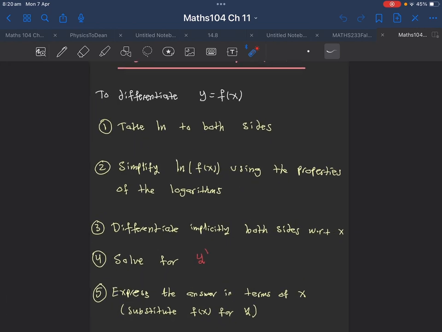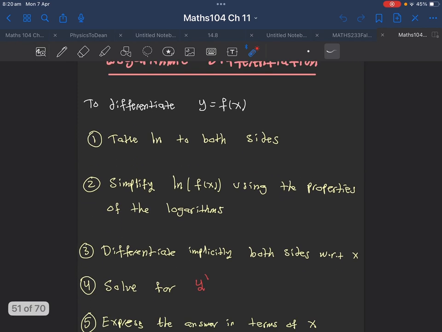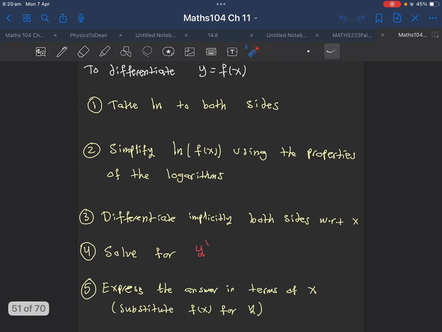If you take some time to read the steps of logarithmic differentiation, they are 5 simple steps. The first step says that we need to take the ln of both sides. So we put ln here and ln here. Next step, this complicated function, if we put the ln, we can simplify it using the properties of the ln.